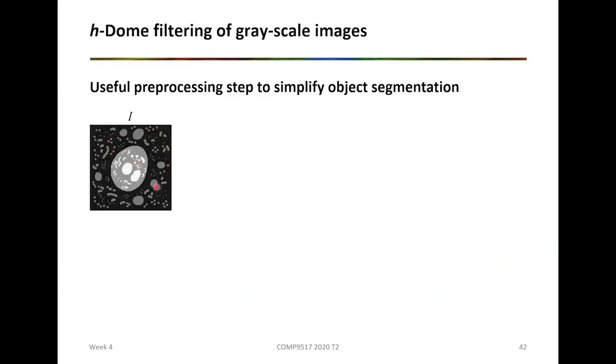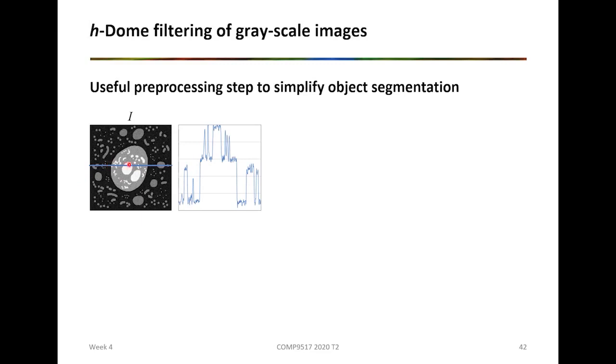And that's the last thing I want to illustrate here. If this is the input image, an artificial image, just to illustrate the point I want to make, where you have all kinds of objects, both in the background and within, for example, a cell. Suppose I'm interested in segmenting all these objects in the background and in the cell. There's no way I can do that with a simple single threshold.